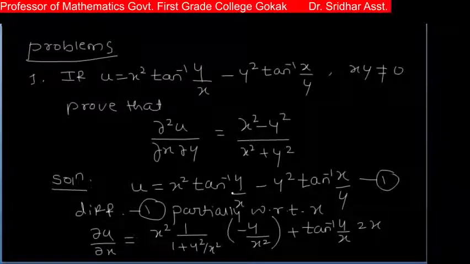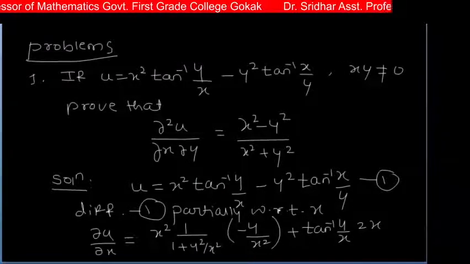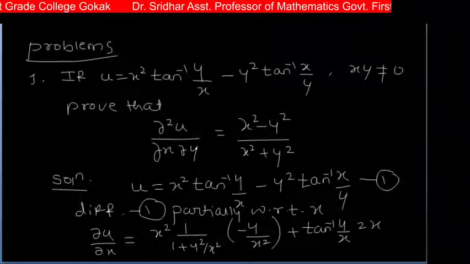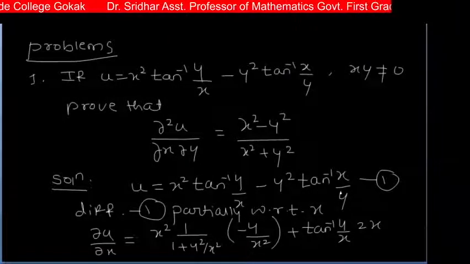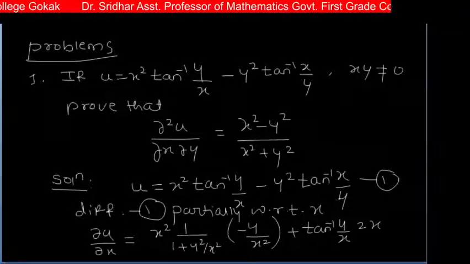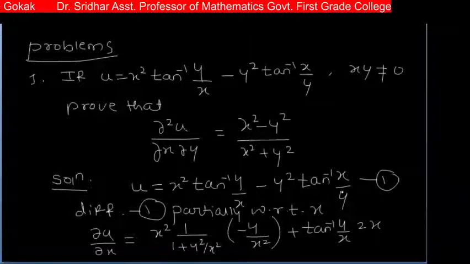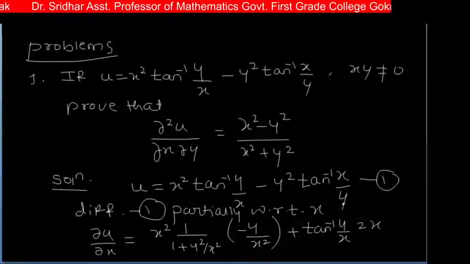Differentiation of tan inverse of x by y is 1 divided by 1 plus x square by y square into differentiation of x by y. Again we apply chain rule, but we treat y as constant, so 1 by y as constant. Now differentiation of x with respect to x is 1.